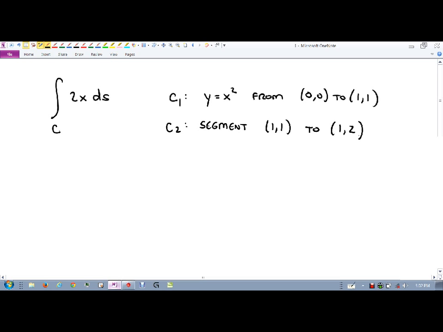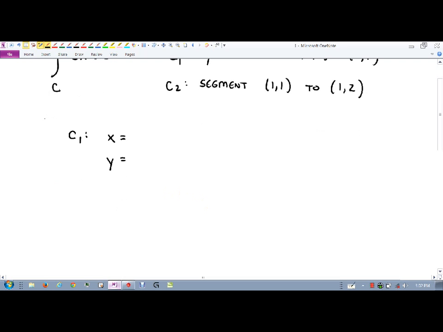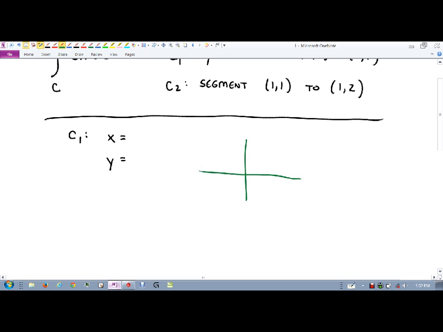All right, let's start with C1. What you need to do is figure out parametric equations for x and y. And we're trying to draw a parabola that starts at 0, 0 and goes up to 1, 1. And they even gave you that it's y equals x squared.